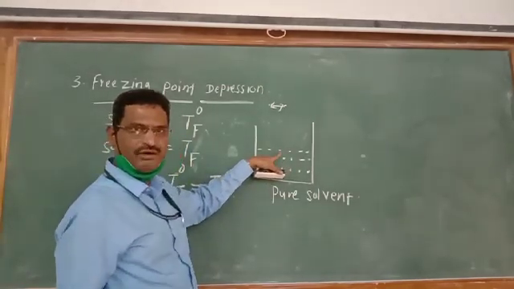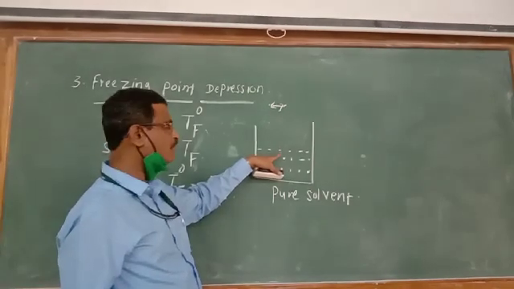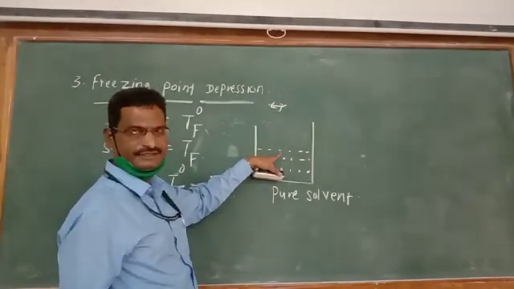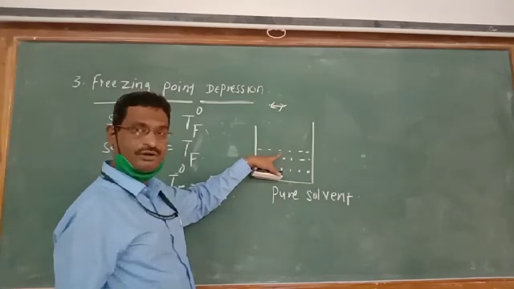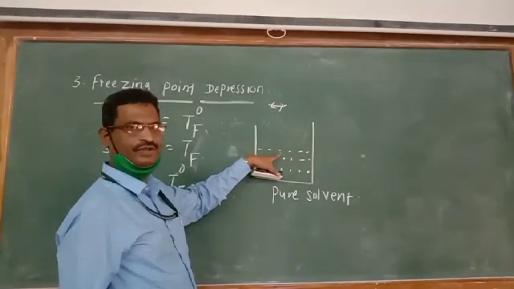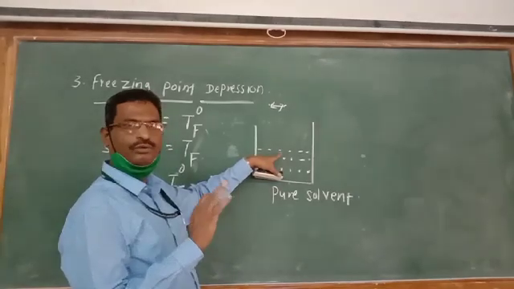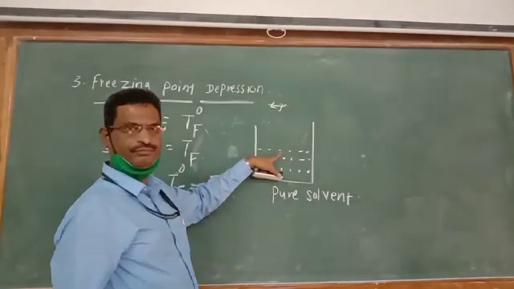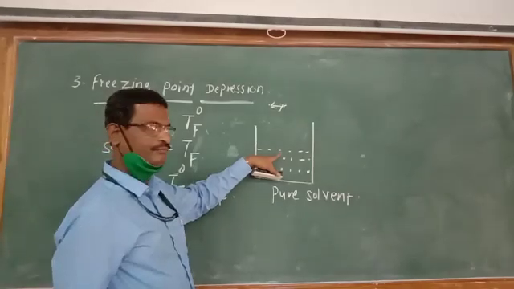Therefore, the forces of attraction between the neighboring solvent molecules are very strong, because the distance among them is very small. Therefore, the pure solvent will freeze easily at a certain temperature.